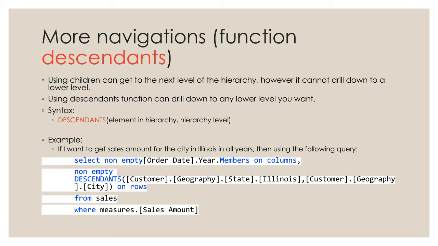The example here is the same as before, but instead of saying I want the children, I say I want the descendants of the state Illinois, and the level of the descendants should be the city. If I execute this query, what cities do you expect to see?